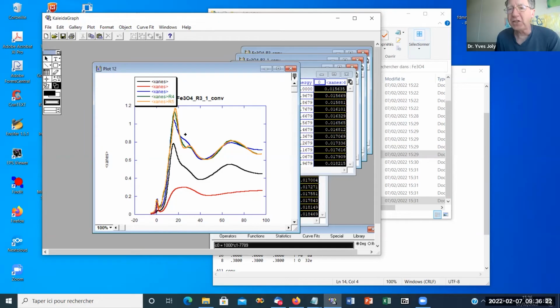But for a K edge or an L23 edge of a heavy element, the general shape must always look like the experiment. If there is a big difference, there is a problem, and you can have made a mistake in your input data file.